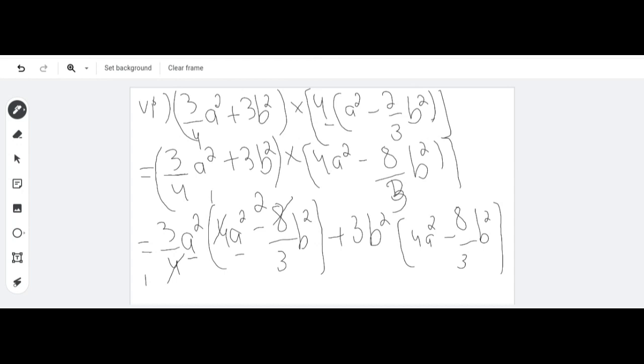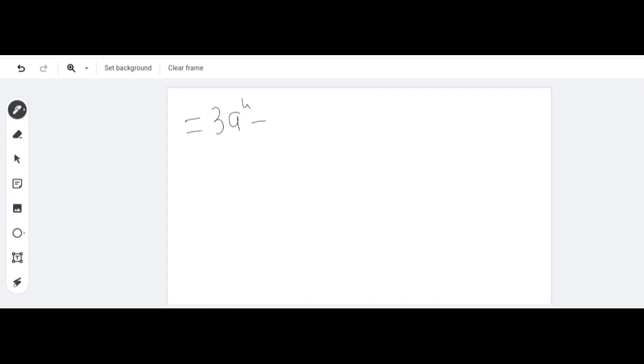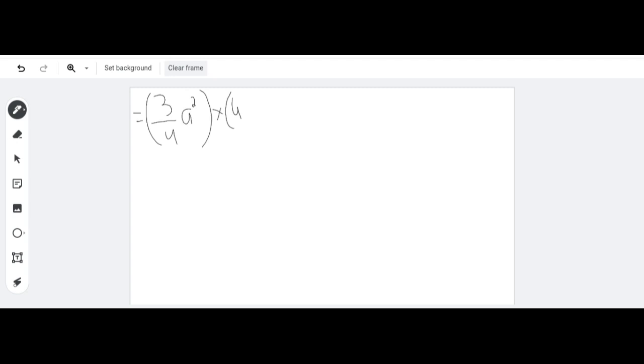Basically they are solving it like this, step by step. Here look, 3 by 4 a square. I am going to multiply this with the first term, that is 4a square, and minus, I am going to multiply this term again with the 8 by 3 b square.